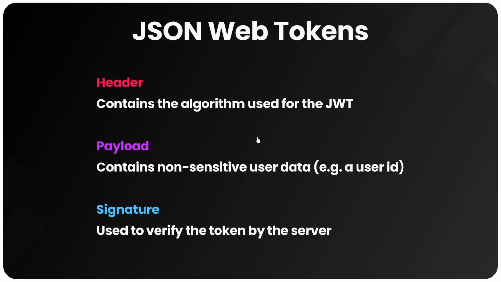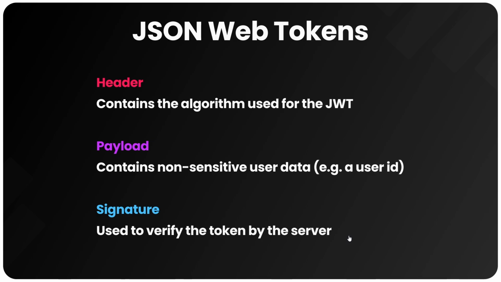Alright, so we know that a token is made up of those three parts: a header, which contains the algorithm used, a payload, which contains non-sensitive user data that the server can use to identify the authenticated user, and a signature, which the server can use to verify the authenticity of the token and to make sure it's not been tampered with. And that last step is really important because imagine I log in as person A and receive a token.